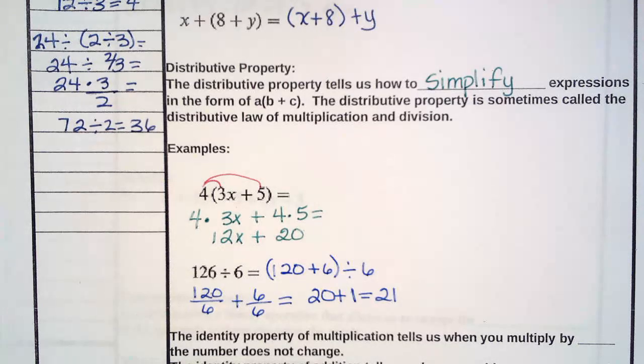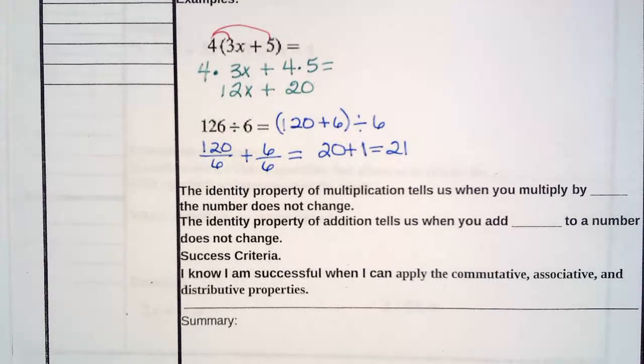For the last two, we've got identity properties. What does identity mean? If you're talking about your identity, what are you talking about? Well, you're talking about who you are. So you are who you are. In multiplication, what do you multiply a number by so you get that number back?